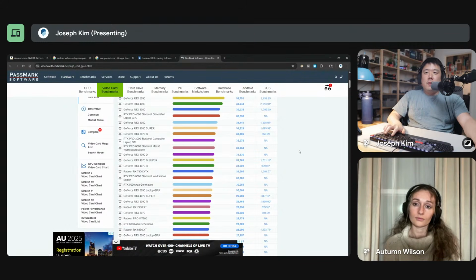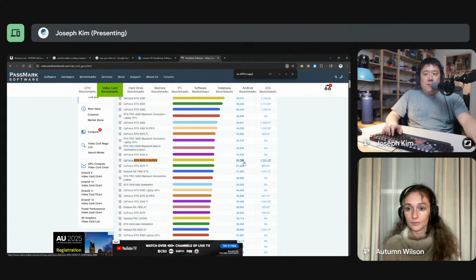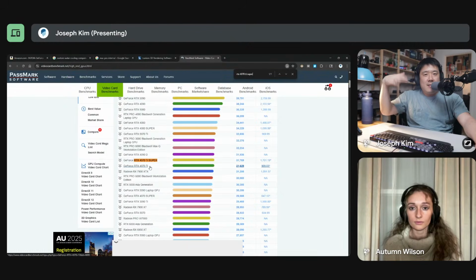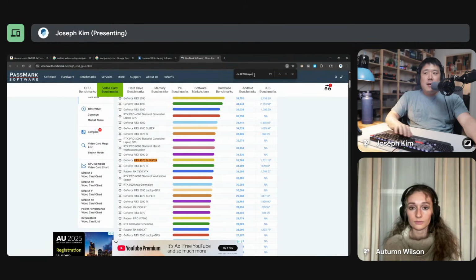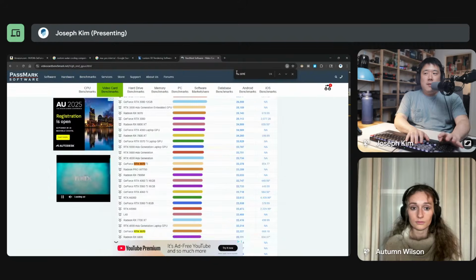So, for example, I can search RTX 4070 Ti Super. You can see my Ti Super is ever so slightly better than the Ti in terms of number, not by a whole lot. I was probably okay with the Ti because there's not a huge difference. But did I get a better one than, say, the 3070?